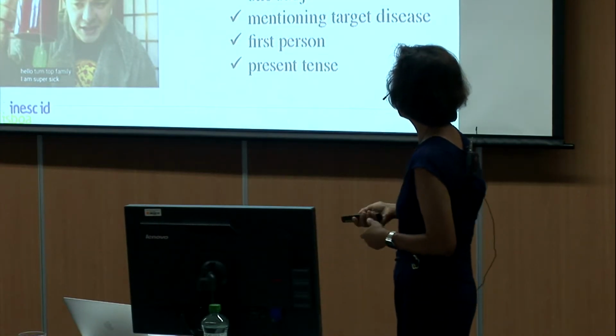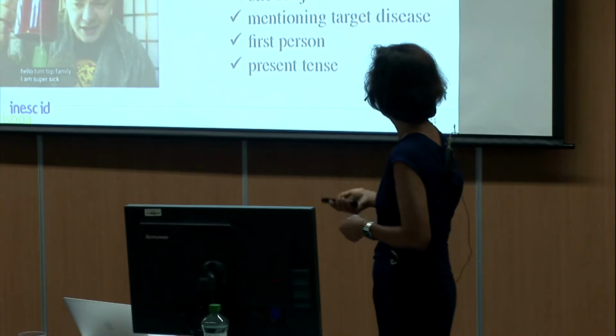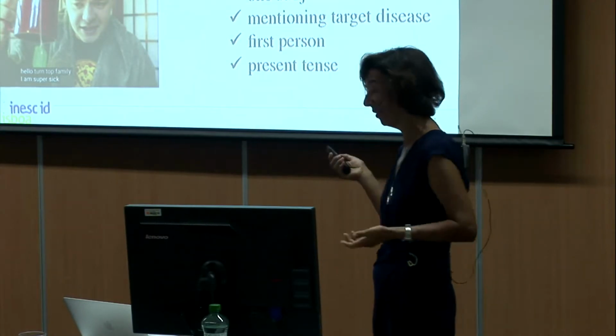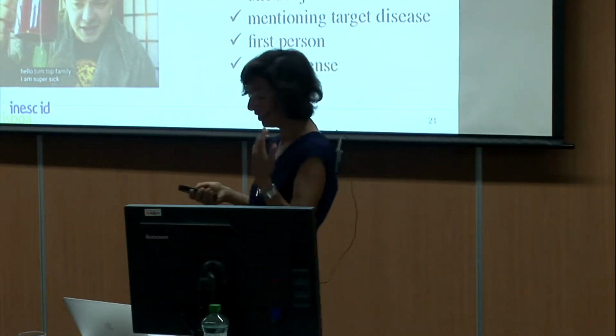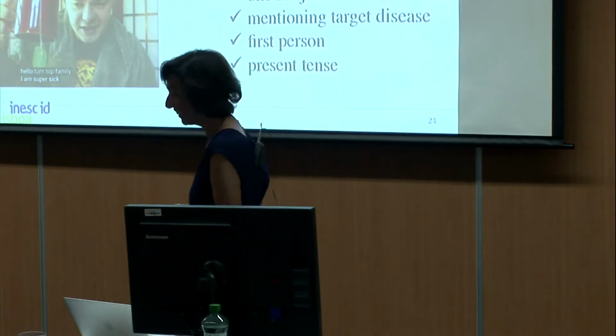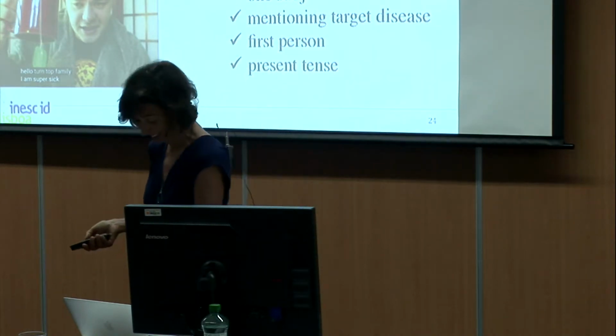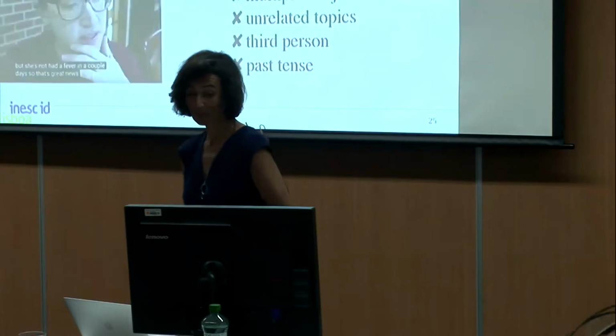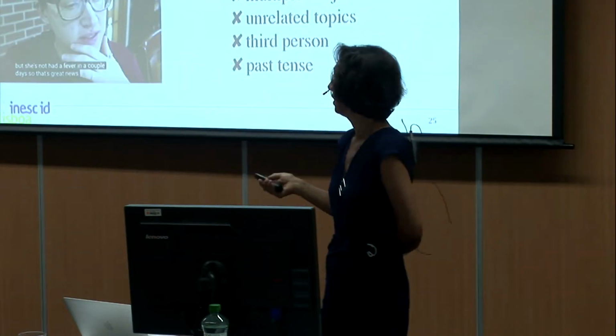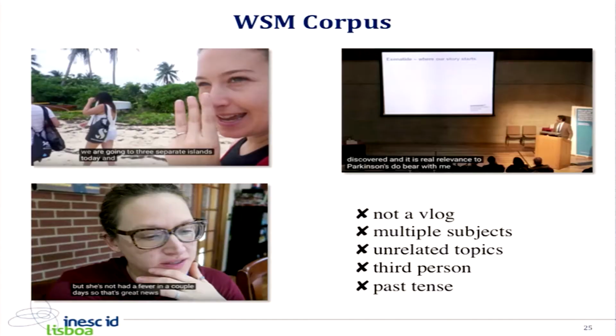We got all sorts of videos. Believe it or not, we even got people claiming, I had Parkinson, but now I'm cured. So we got a lot of them. We had to exclude, of course, videos of people named Parkinson, which was not our topic, or videos of caretakers or parents, and videos with these PowerPoint presentations.